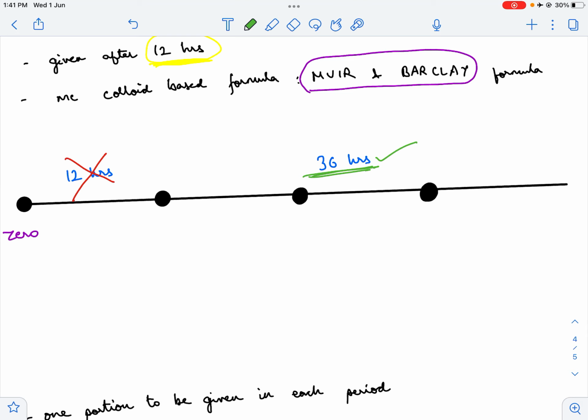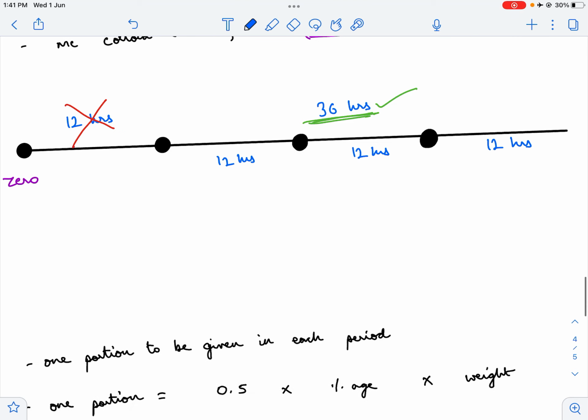Now this 36 hours is again subdivided into 12 hours, 12 hours and 12 hours. So you have three equal time periods of 12 hours. Alright. The first 12 hours is further subdivided into three periods, 4, 4, 4.